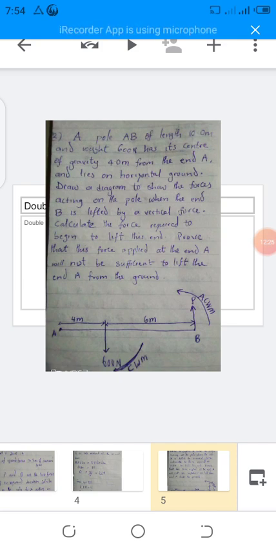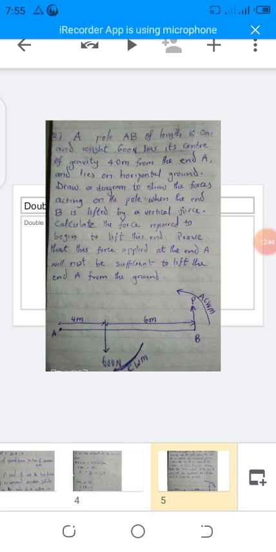What the question is trying to tell us is that we should calculate the force required to lift end B upward. Don't forget, the wood is 600 Newton, so it is a very big wood.